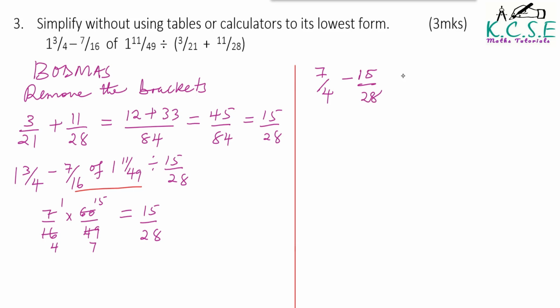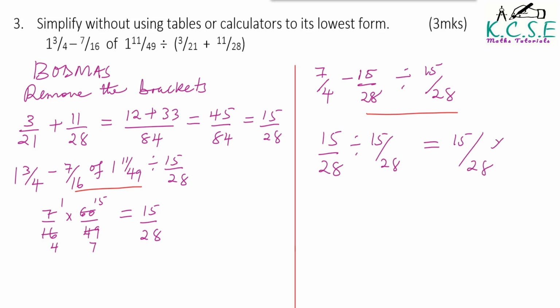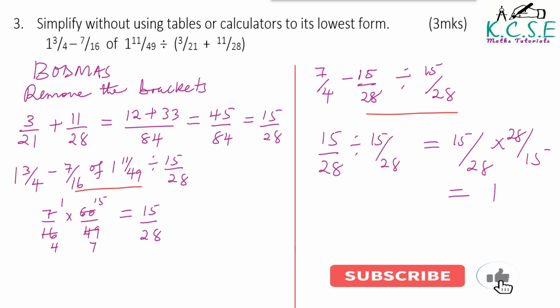And then divided by 15 over 28. Now the next operation that you should follow is division. So we work out 15 over 28 divided by 15 over 28. When you work it out, this will give 15 over 28 times 28 over 15, and this gives you 1.